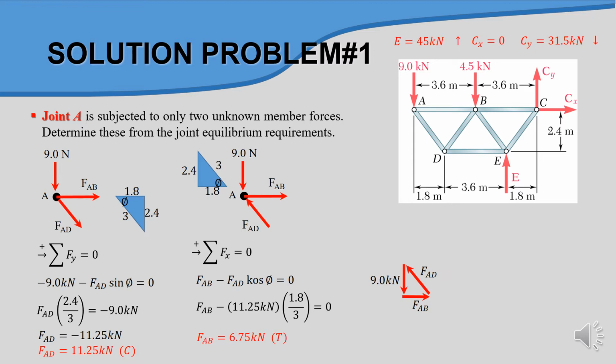You can start with either the net force at the y-axis or the net force at the x-axis. At the x-axis there are two unknown forces, so you start at the y-axis. At the y-axis we have only two forces, which are 9.0 kilonewton and the force FAD only.